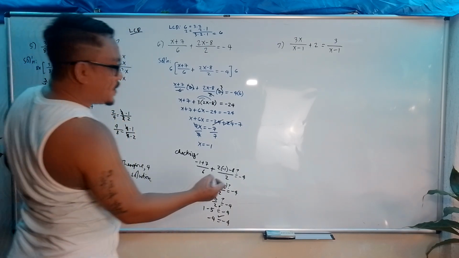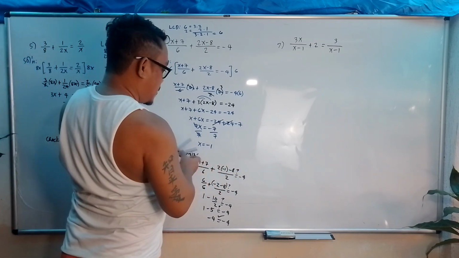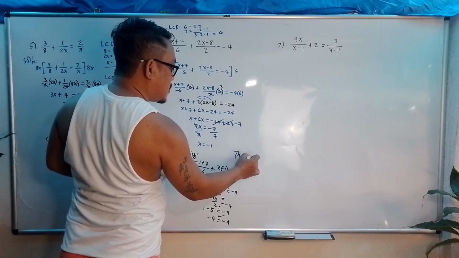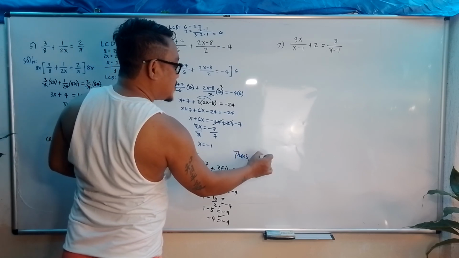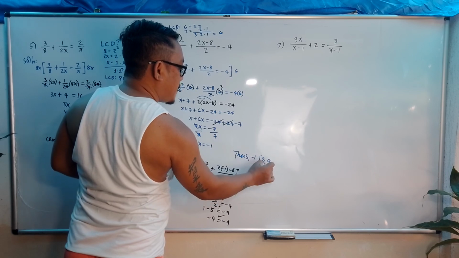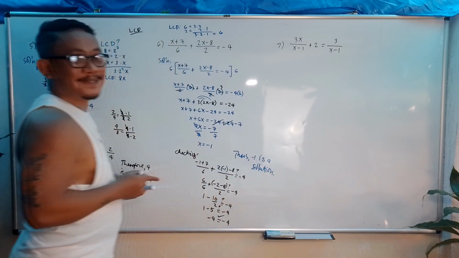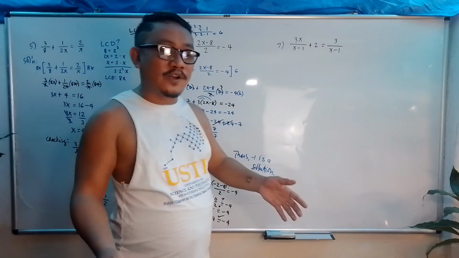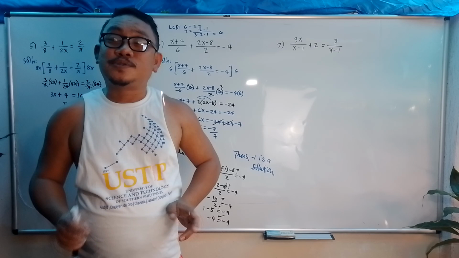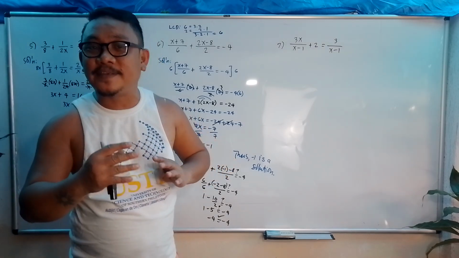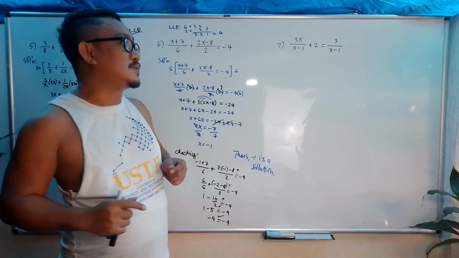So we conclude that, thus, you can say thus, negative 1 is a solution. Okay? So, we solved it and it is a solution. We proved that the value of x is a solution.